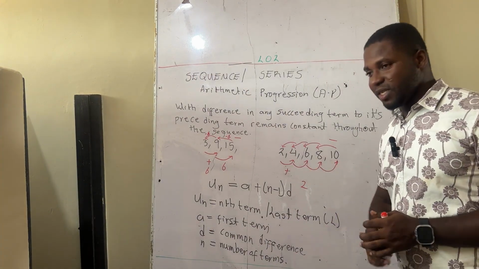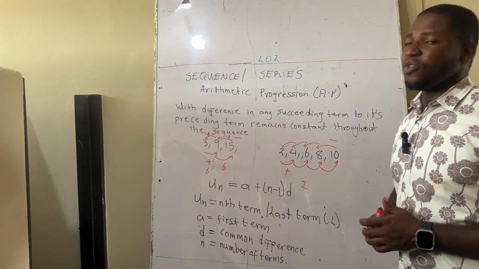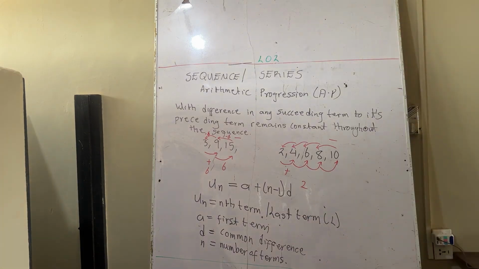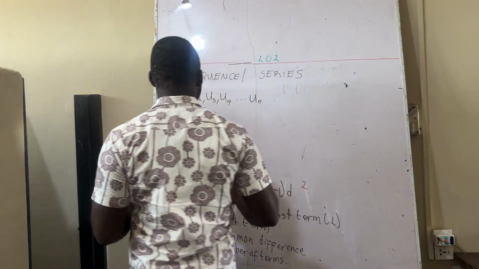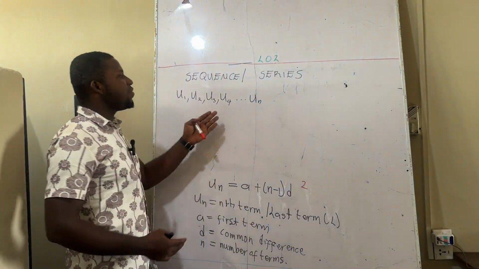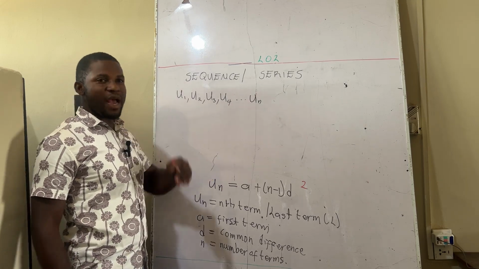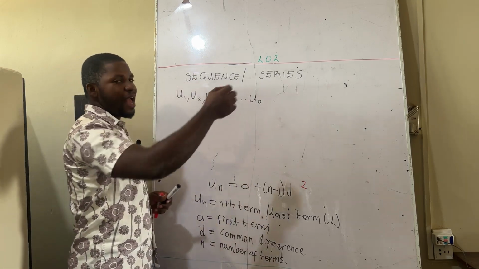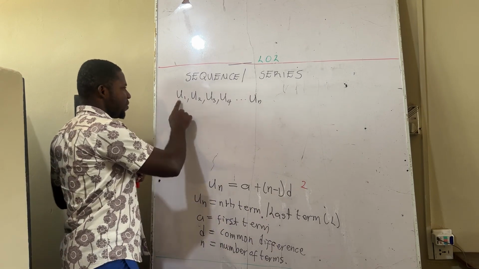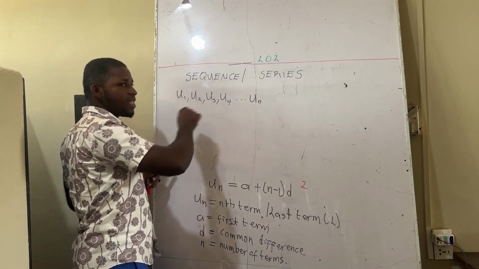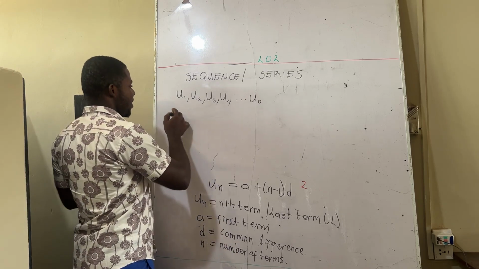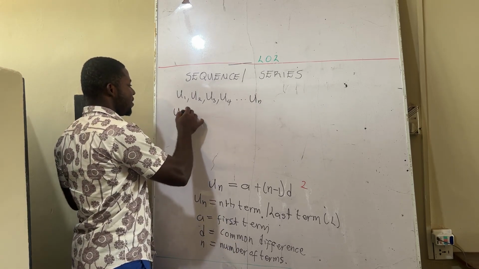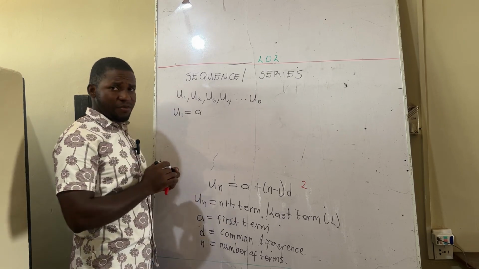Please take note of this. That is what we are going to use. So we want to look at U1, U2, U3, U4, and Un. Un is the nth or last term. Since U1 begins the sequence, we always call it the first term. So we can say that U1 is equal to a. That is the first term.